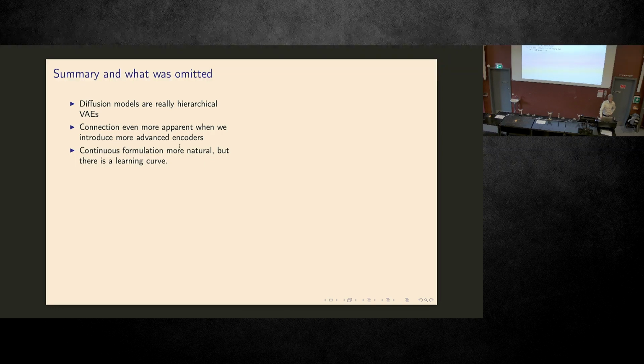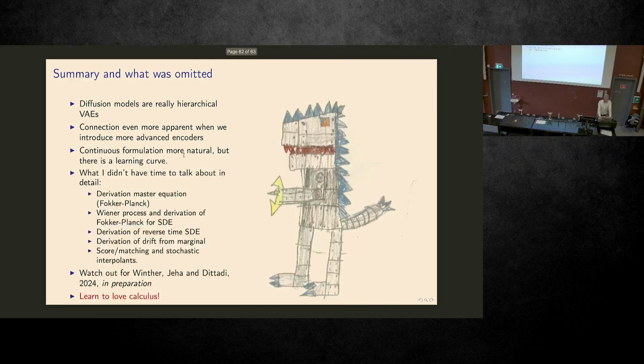I would say my personal journey is that the continuous formulation is more natural, but there's also a huge learning curve in learning about stochastic processes. But maybe some of you have been in a better school, or maybe paid more attention than I did when I was a student, so you know it already, and then I really encourage you to use that model, because I think it's a powerful tool in contemporary machine learning.